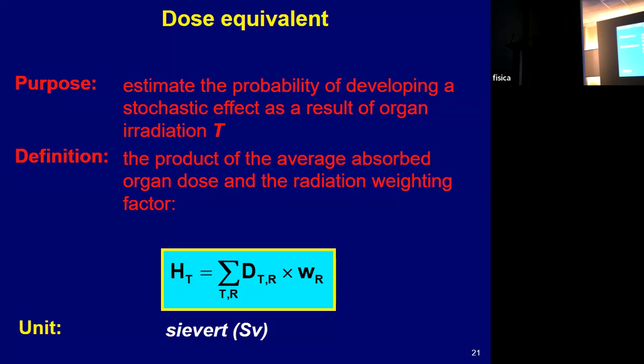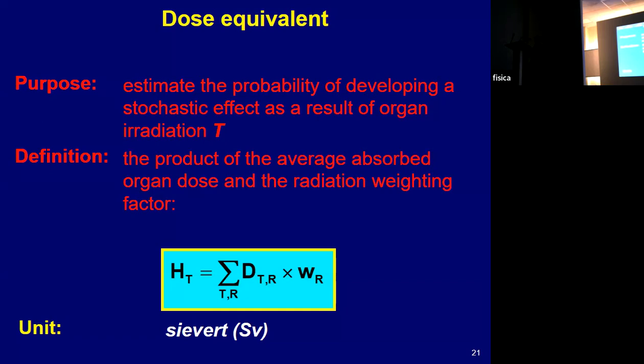In the case of the development of stochastic effects, the relative biological efficiency of radiation weakly depends on the properties of the irradiated organ. Therefore, instead of the RBE coefficient, the corresponding radiation weighting coefficient W with index R is used to characterize these effects.